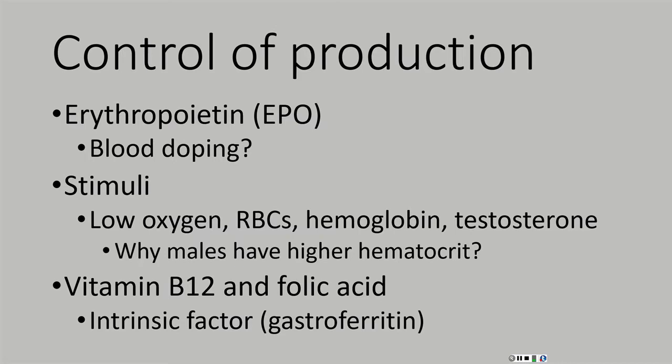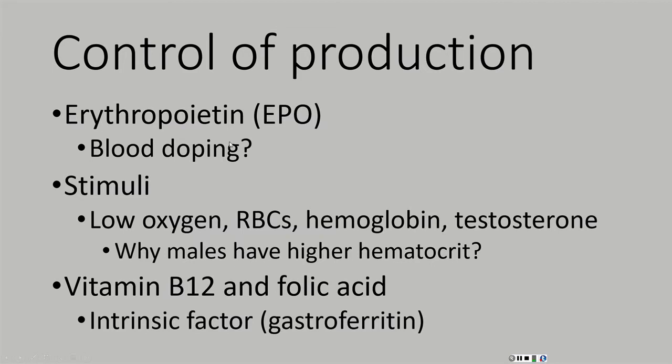Erythropoietin is actually made in, of all places, your kidneys. Your kidneys detect when you need to make more red blood cells. And when they detect that, they release erythropoietin into the blood. That erythropoietin is carried to the red bone marrow, and it stimulates the red bone marrow to go through erythropoiesis.